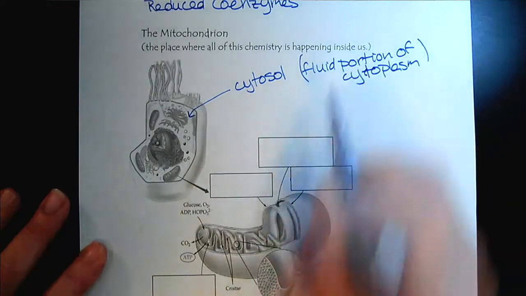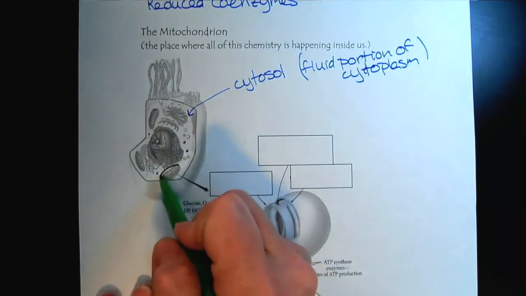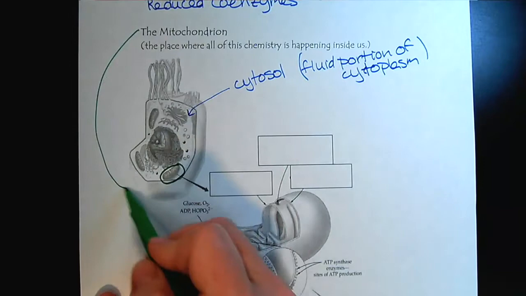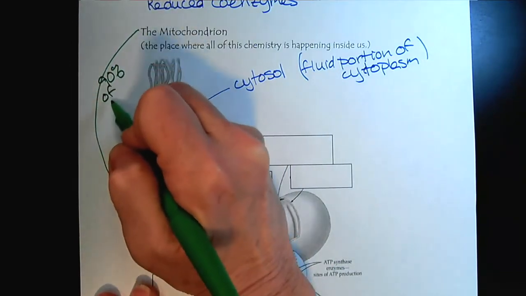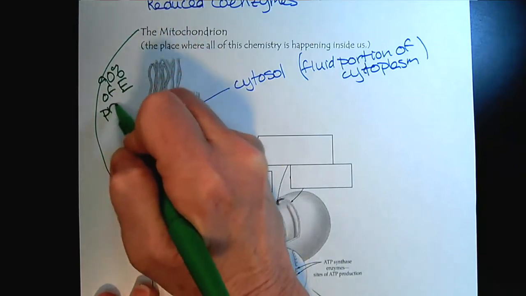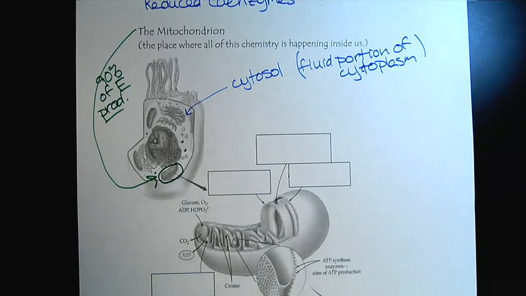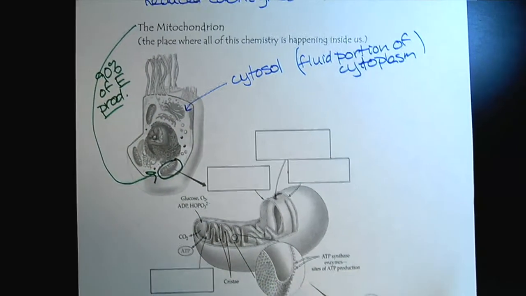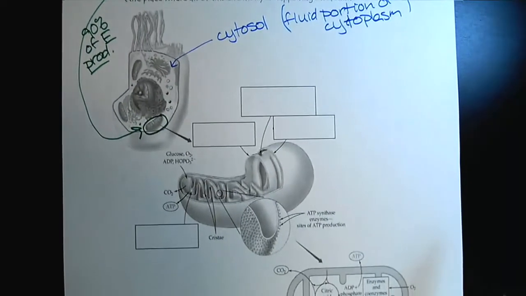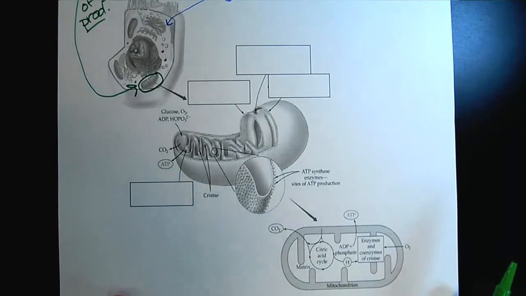That's where everything floats around, and where we really want to focus is right here, the mitochondrion. And amazingly, 90% of energy production takes place in this organelle. So very important. Now this organelle has a very complicated structure, but we need to understand it to be able to understand the citric acid cycle and the electron transport chain.